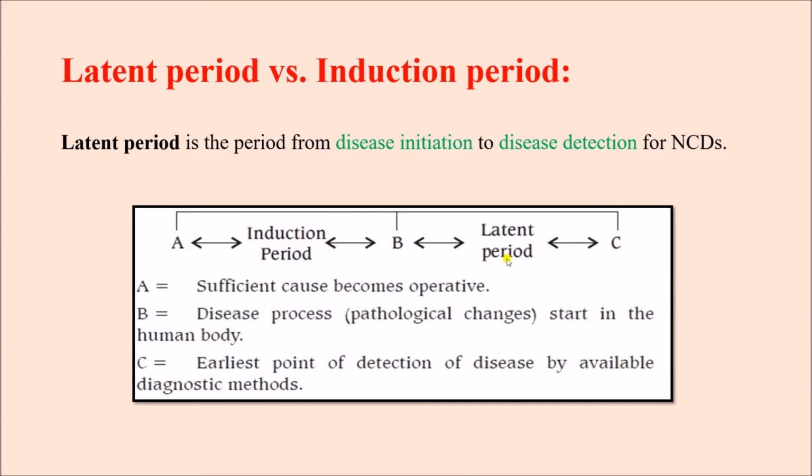So there is always a time gap in between them. This time gap between the point when there are pathological changes in the body and the point when the disease can be diagnosed by available diagnostic methods is known as the latent period. So now I think you should have a clear idea what a latent period is and how it is different from incubation period.